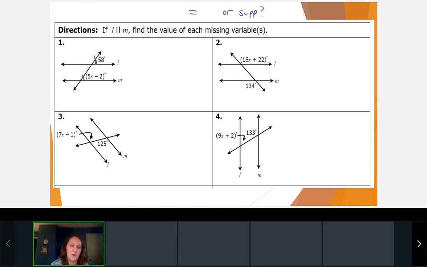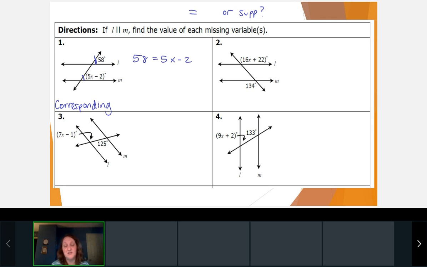Is this corresponding, alternate interior, alternate exterior, consecutive interior, or none of those things? They are corresponding. Very good. I know it didn't ask us that, but that is definitely something you need to be able to identify. So I'm going to write that down here. They're corresponding angles. Corresponding angles are congruent when the lines are parallel. So now we can set up our equation: 58 equals 5x minus 2.